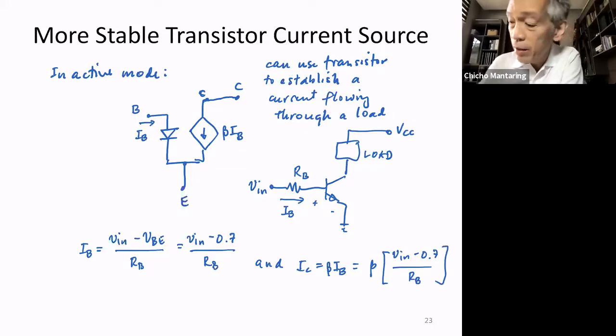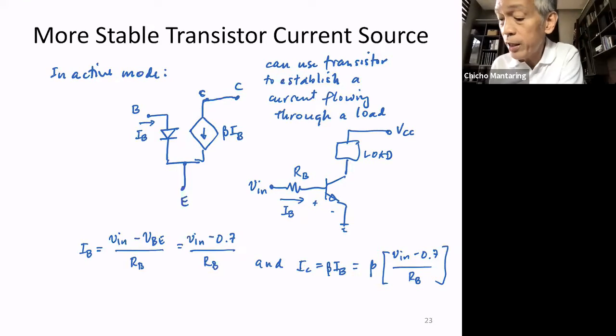So if I want to establish a particular current through a load, all I have to do is select RB. Beta is a transistor parameter. Select RB so that that current is the one that flows through the load.